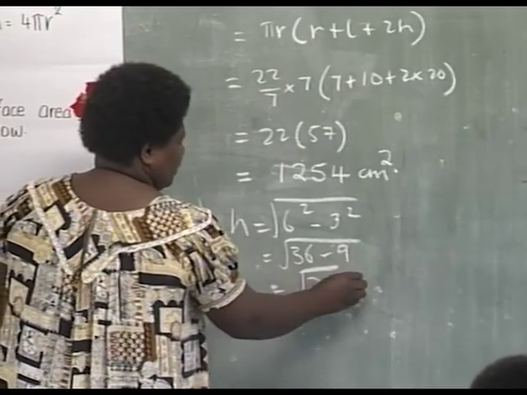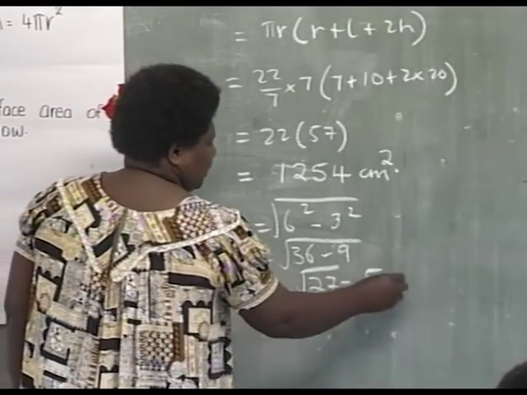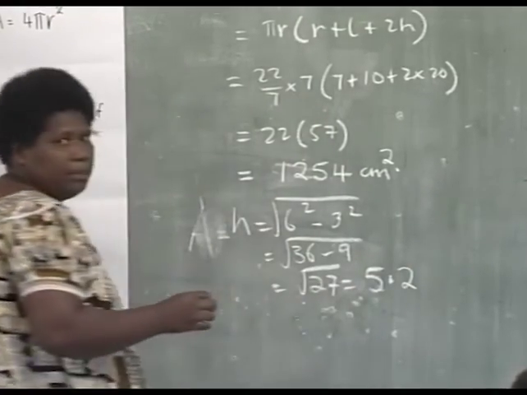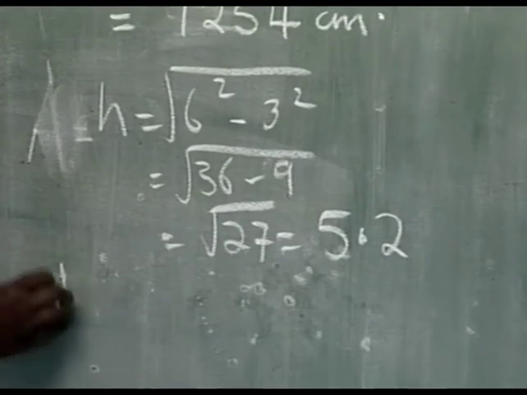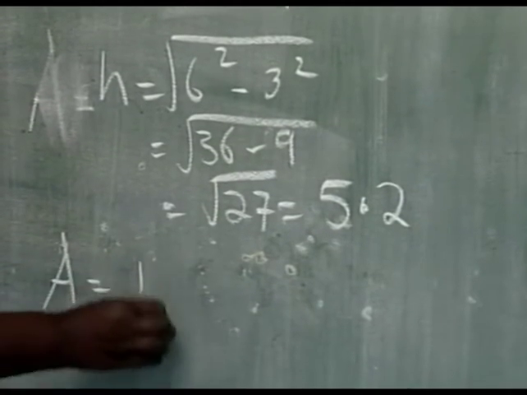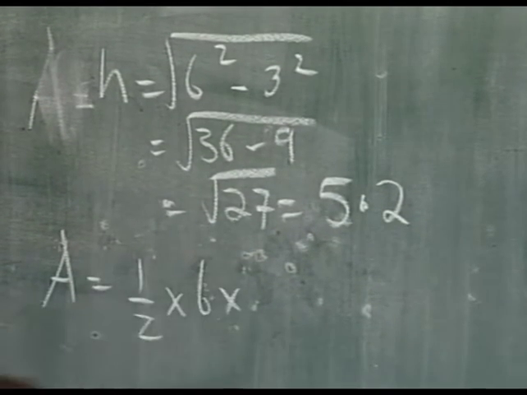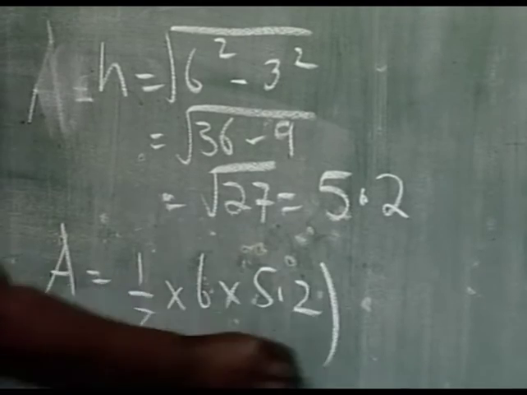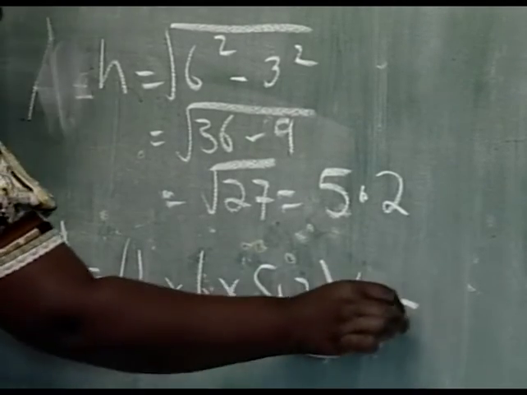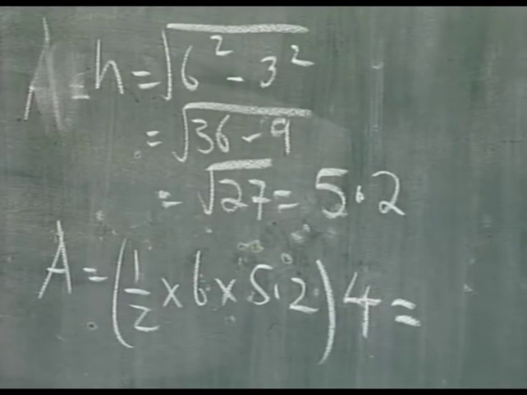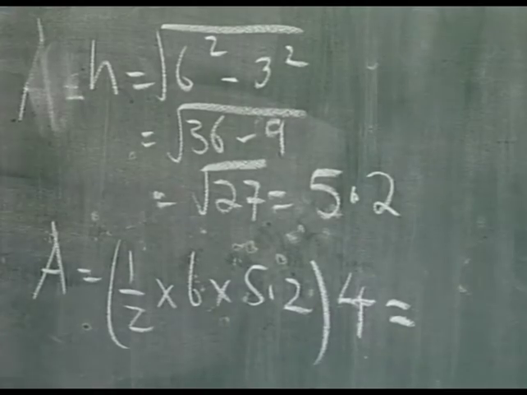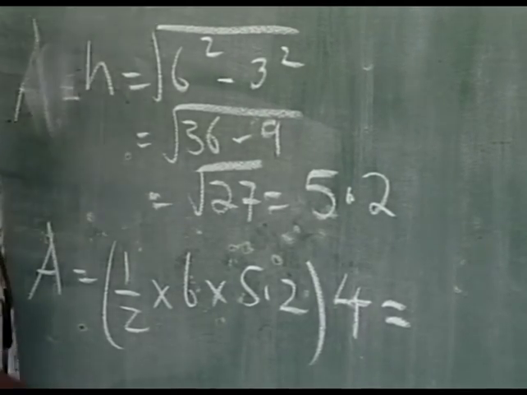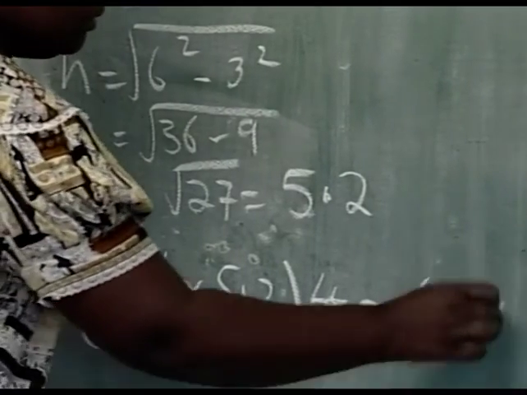What's the square root of 27? 5.2 to one decimal place. So the area is equal to half of the base, 6, times the perpendicular height, 5.2, and when you multiply it by 4, the answer is 62.4.